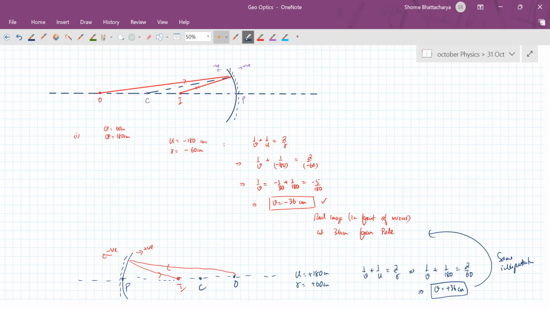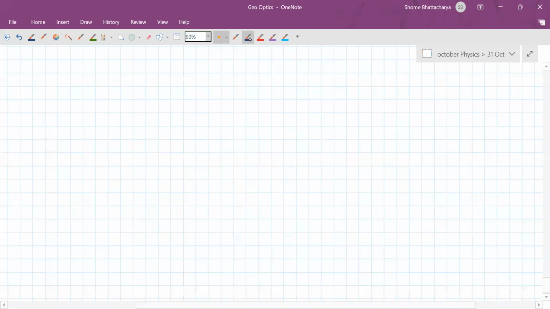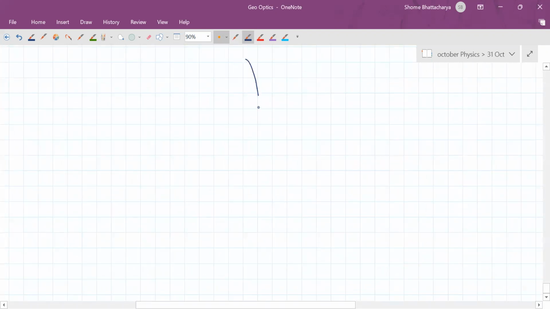Okay, so let's verify the answers in each of the cases. We had taken 180 as the first one. Then the next case, let's just visually understand it first.